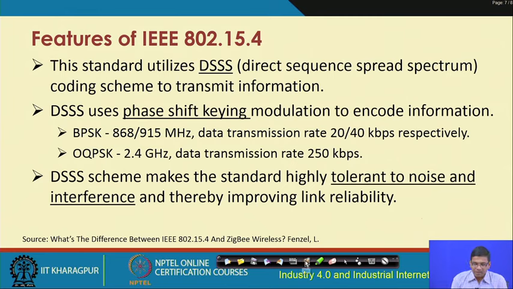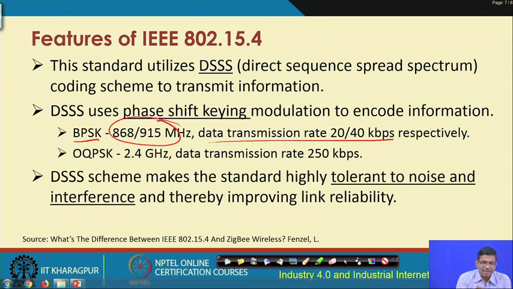So, the first one is the BPSK modulation, binary phase shift keying, and this is typically used for data transmission rate requirements of about 20 to 40 kbps in the 868, 915 megahertz frequency band.